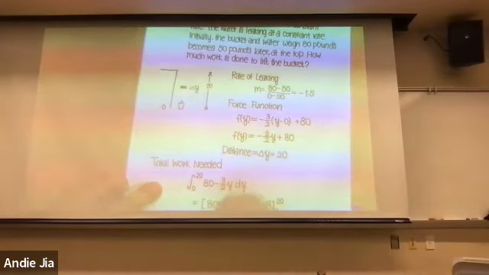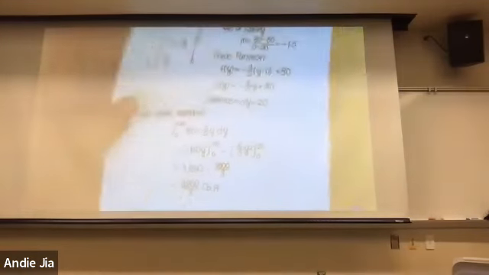This is going to be 1600 minus 400 minus 1600 over 3, so it's going to be 3200 over 3 pounds. This is the work needed to lift the bucket.